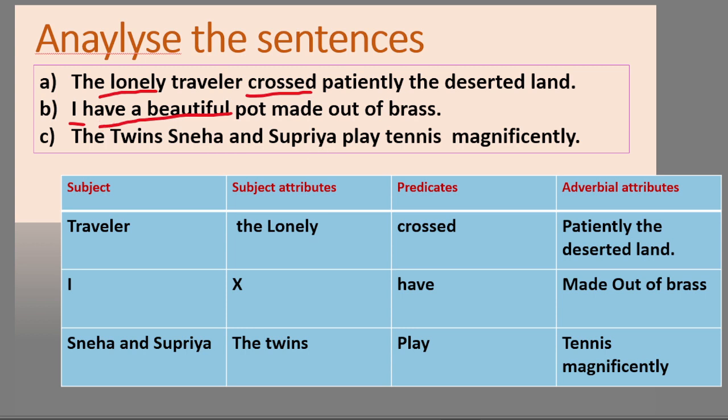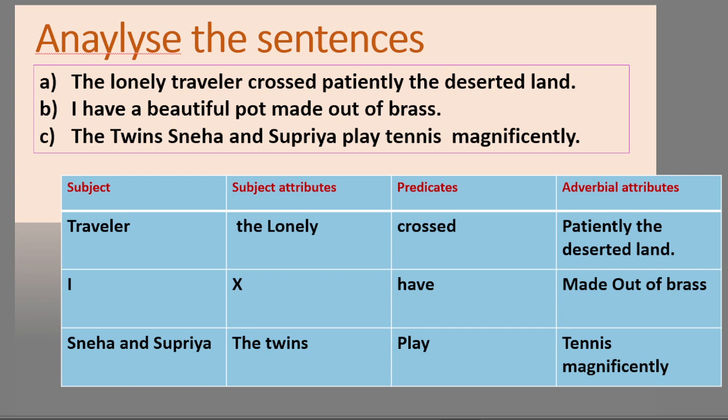So simply, if we want to understand, we can understand that just as an adjective qualifies a noun, similarly, in a sentence, the subject is qualified by an adjective or some other group of words which are working like an adjective.